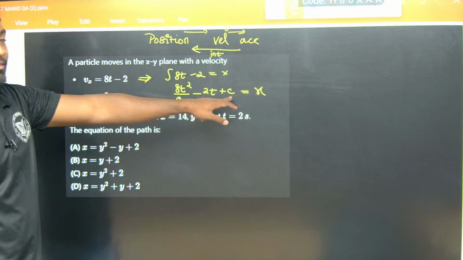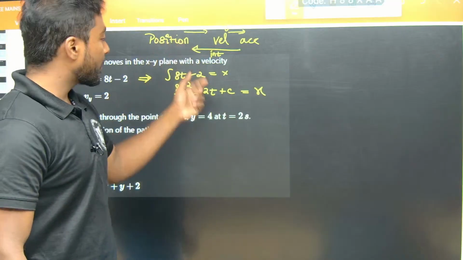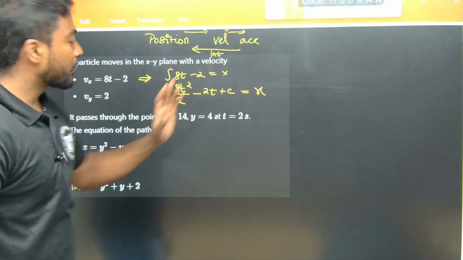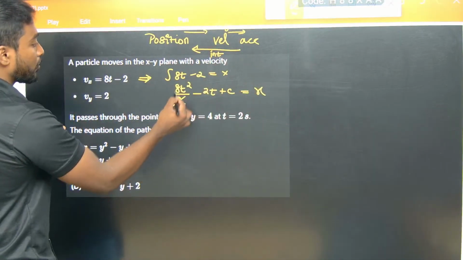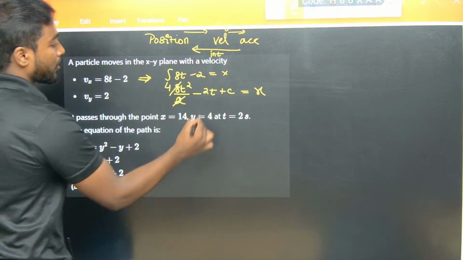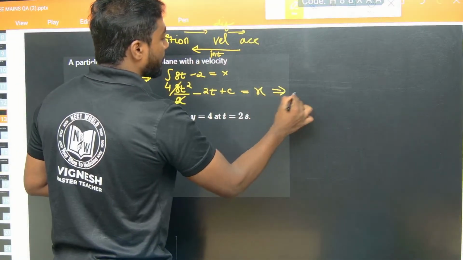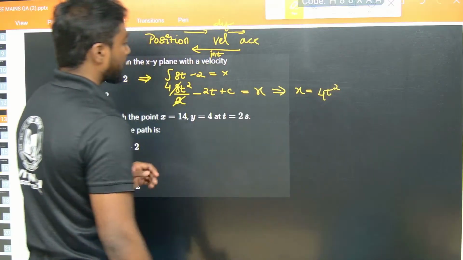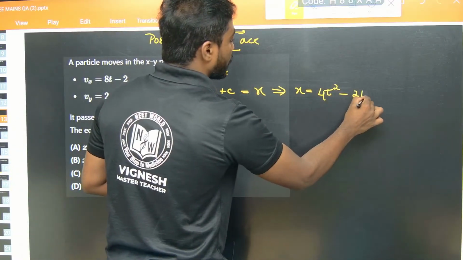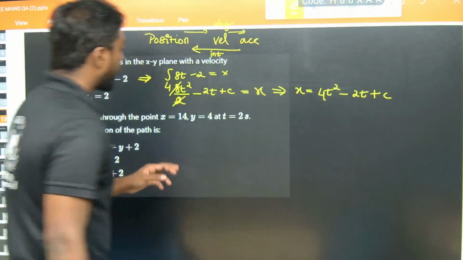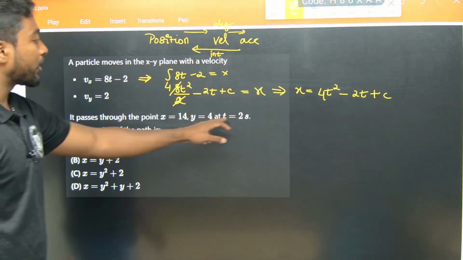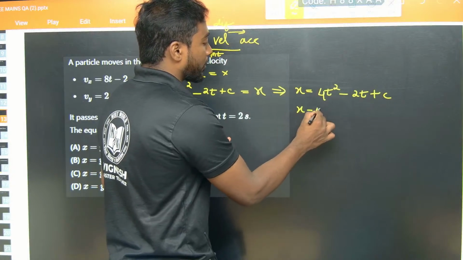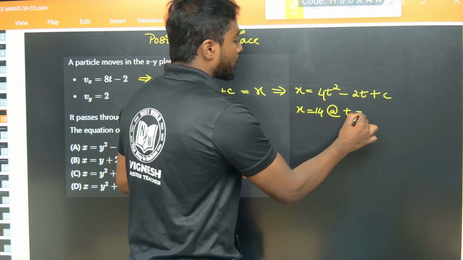Why am I adding c? If I integrate any equation, a constant will be added. So the final equation will be x equals 4t square minus 2t plus c. Now they are saying x equals 14 at t equals 2.